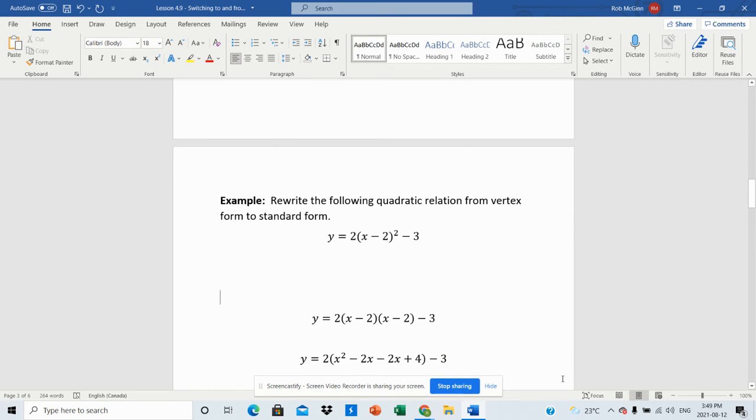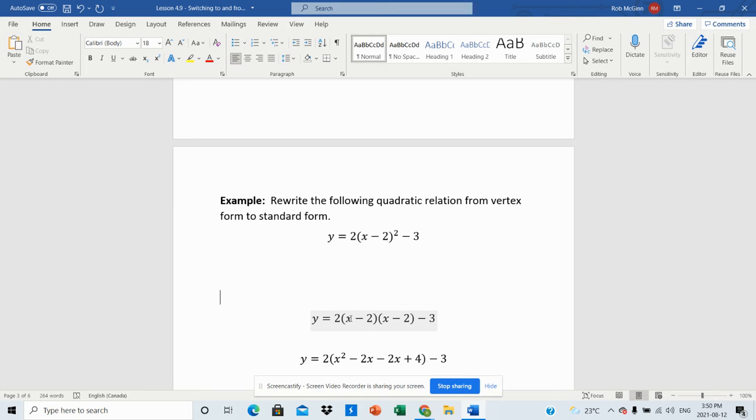Now we're just going to use our distributive law. We could distribute the 2 into our first x minus 2, but I'm going to use the other method where we distribute our two binomials first, and then we'll distribute the 2 throughout. So I'm going to use FOIL, and if you remember FOIL, first, outside, inside, last, it tells us the order to multiply our binomials.